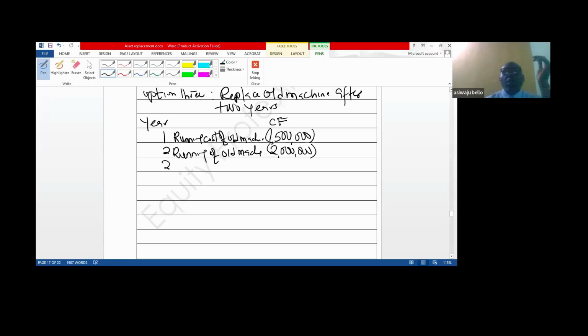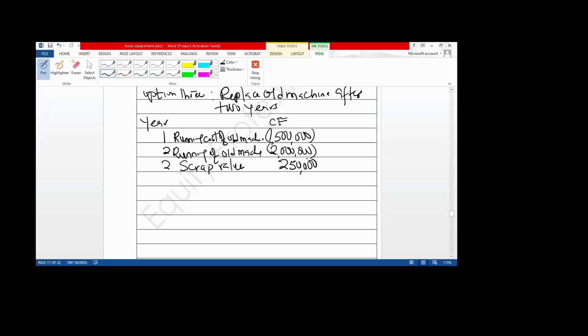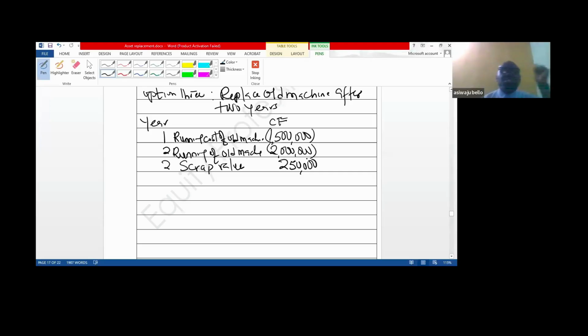After year 2, we are going to sell the asset. The scrap value: the examiner says the old machine is currently worth 750 and it will reduce by 250 each year. That means after year 2, from 500,000, the value will move towards 250,000. These are the relevant costs of the old machine.